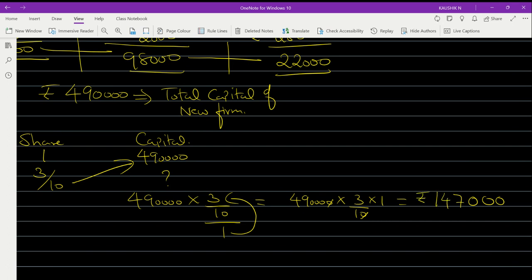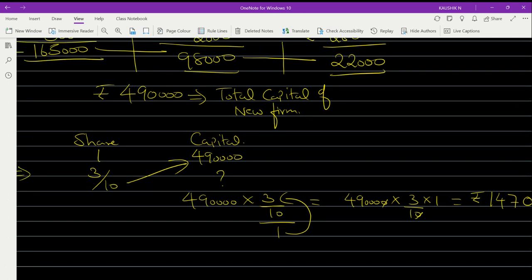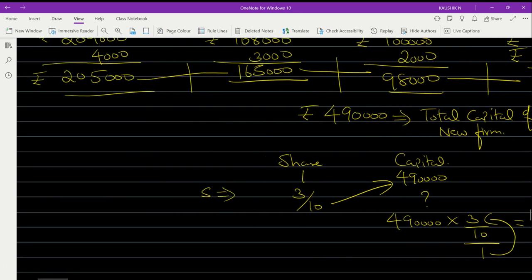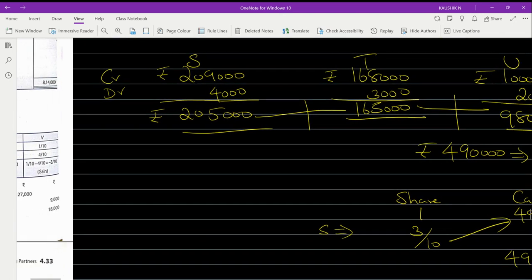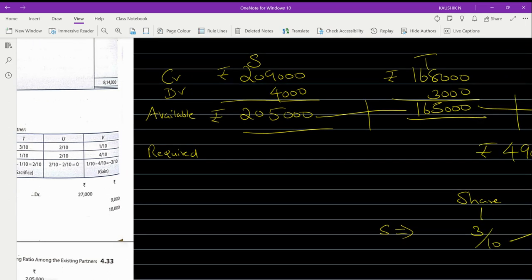Okay, this is the value of Yes. But how much Yes has got, that you should check. Yes has got this much. This is the available balance of Yes. Now we are finding the required balance of Yes. The required amount is 1,47,000.